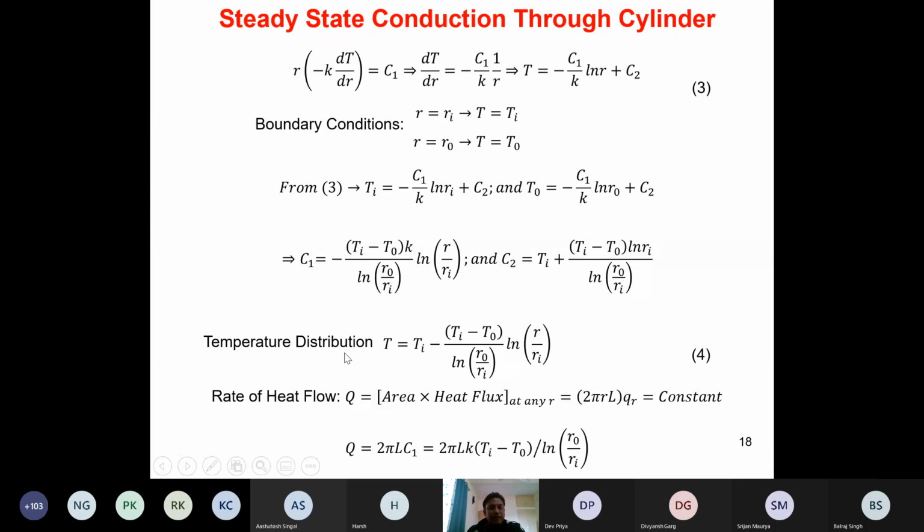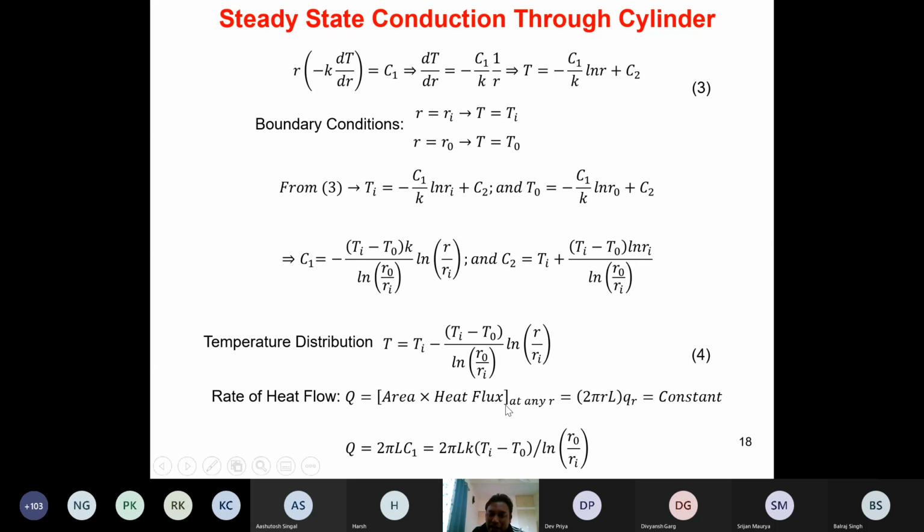Now, based on this temperature difference, we can find out the rate of heat flow. So rate of heat flow Q can be obtained as, remember, even though the temperature distribution is not linear, we are still looking at the steady state condition. That means whatever is the heat flow, that is going to be constant along the radial direction.